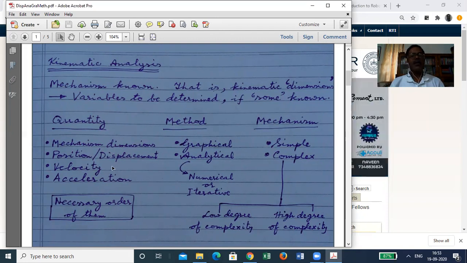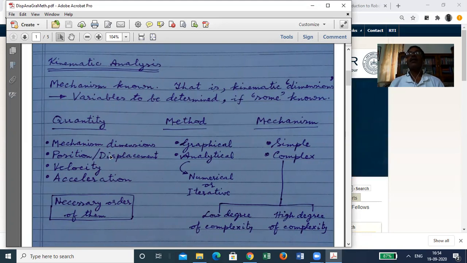At the next stage, we would analyze velocities, and at the third stage, we will analyze accelerations. And understand that these have a necessary order of them. For example, until the position or displacement is completely analyzed, that is, unless the configuration is completely known, you cannot determine the velocity quantities.